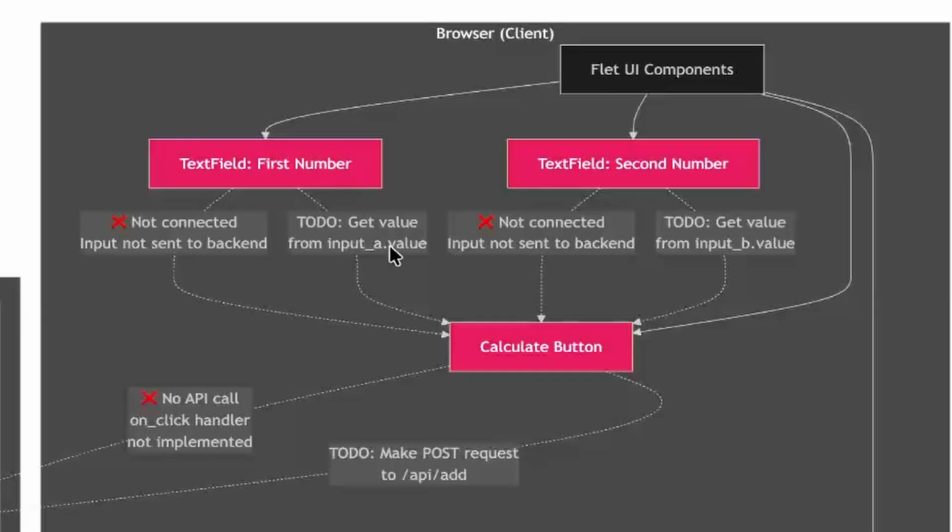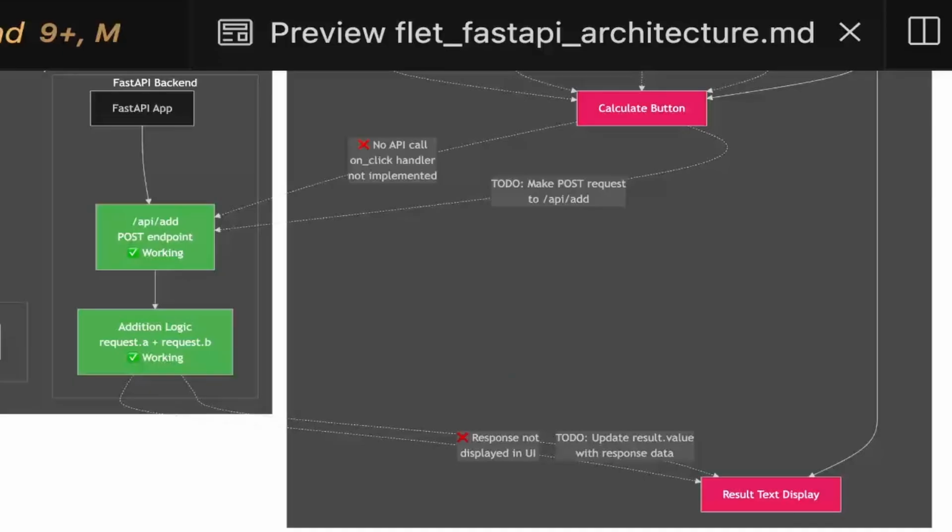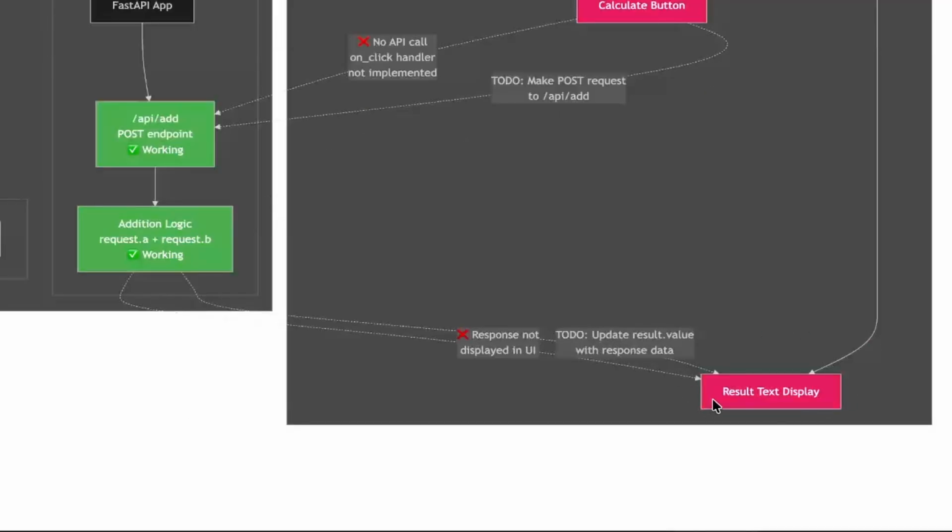So we have to receive the value from the front-end UI box, and when the calculate button is pressed, it needs to go to the post endpoint here. We'll set that up today. Additionally, the backend server needs to send the information back to the front end and then update the text display so we can see it on the screen.